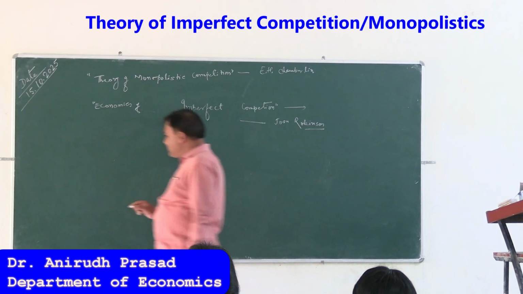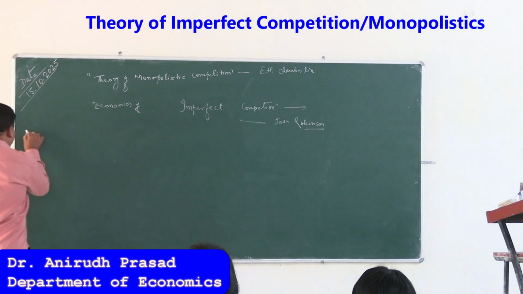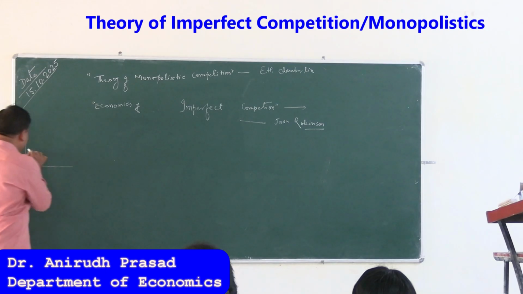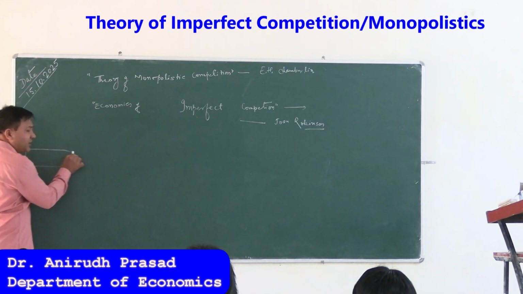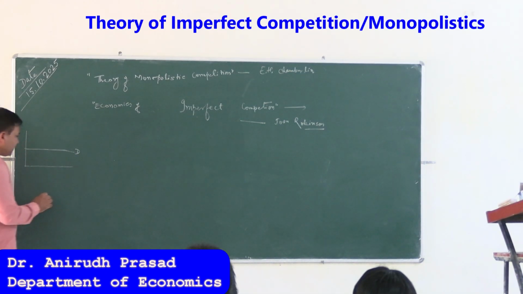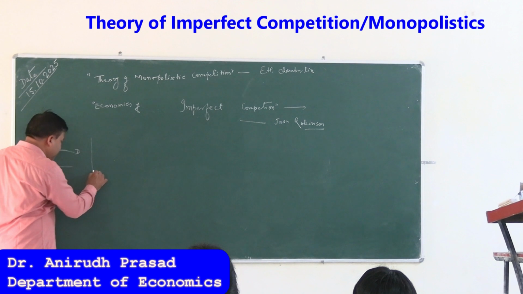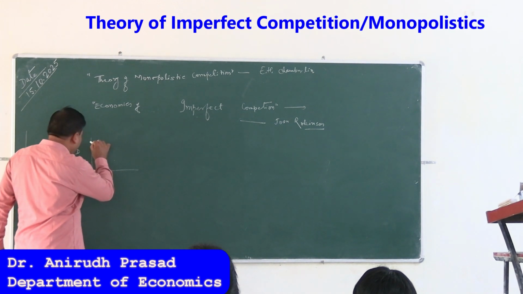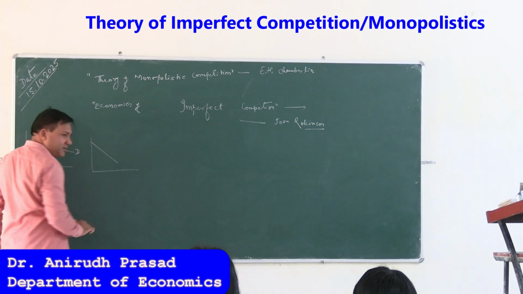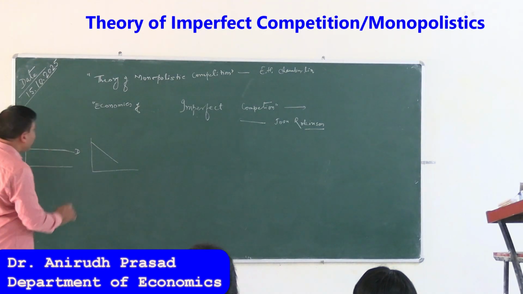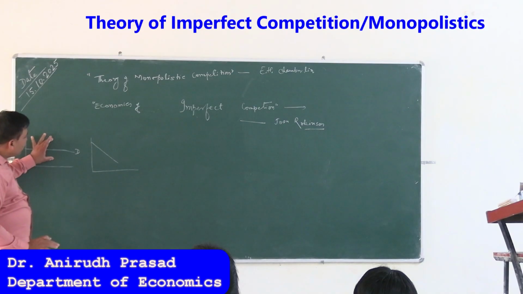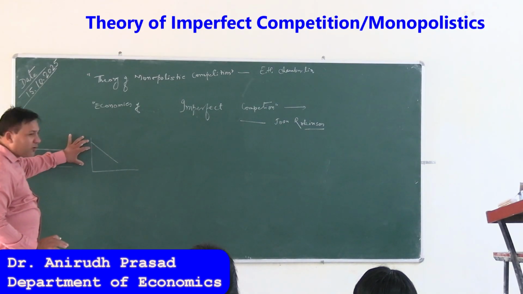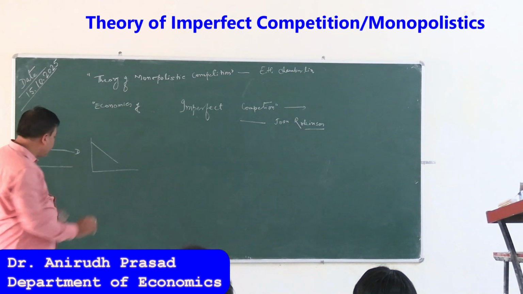Therefore, we have seen the diagram of perfect competition. The demand curve of perfect competition is horizontal. This is the demand curve under perfect competition, and this is the demand curve of monopoly. In monopolistic competition, we have the exclusion of both features.